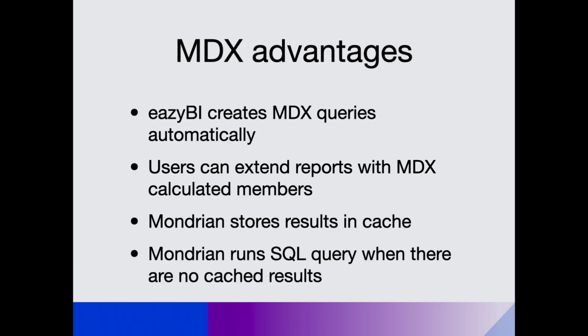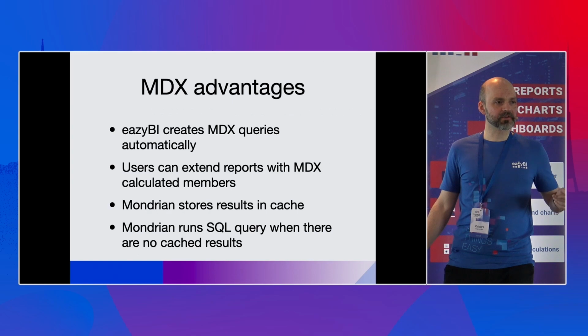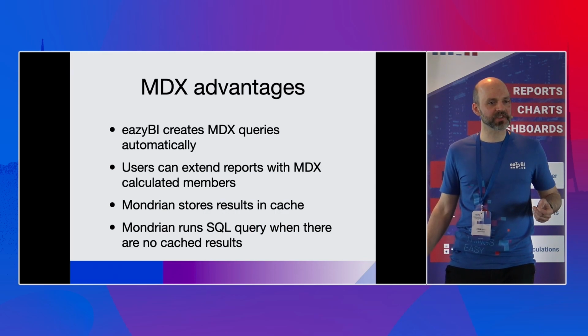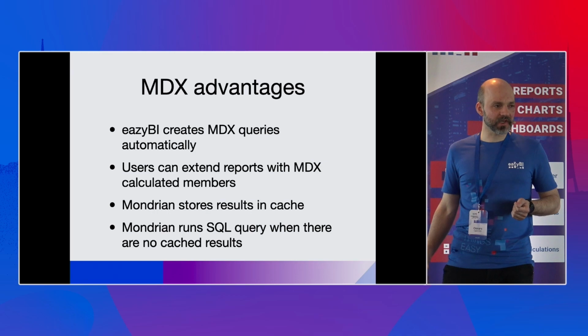It means if you have the same report being executed by 10 or 10,000 users, the first time Mondrian will have to request data from the database. If nothing changes, then next executions will already launch from the cache, and they will be quite a bit faster.